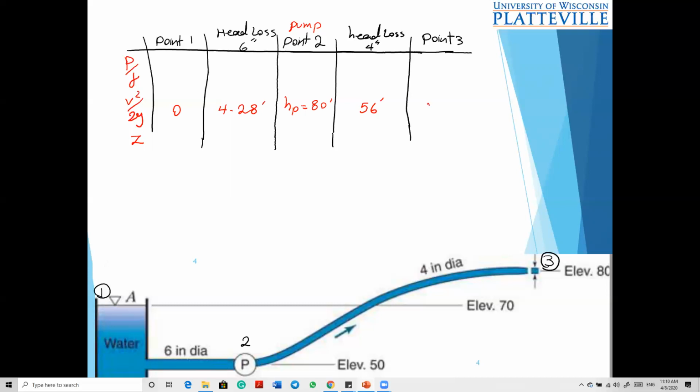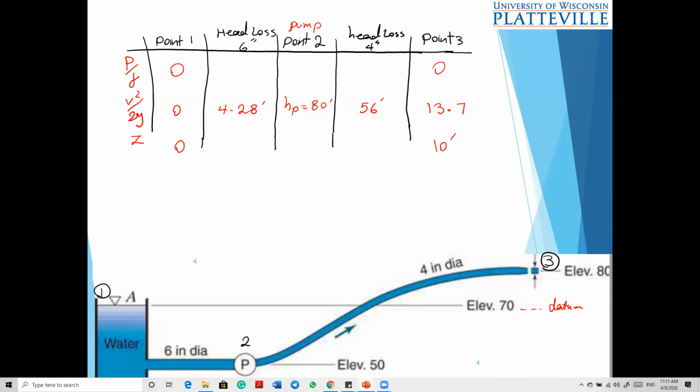At point 3, we find the velocity head 13.7. For point 1 and point 3, pressure head is 0. Elevation at point 1 is 0 because we assumed our datum is here. And at point 3, the elevation is 10 feet. That's all we need to draw the energy line.